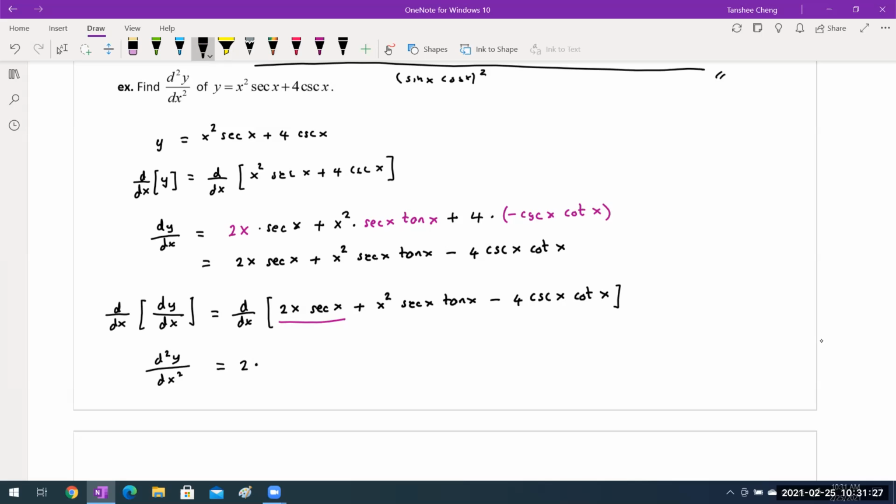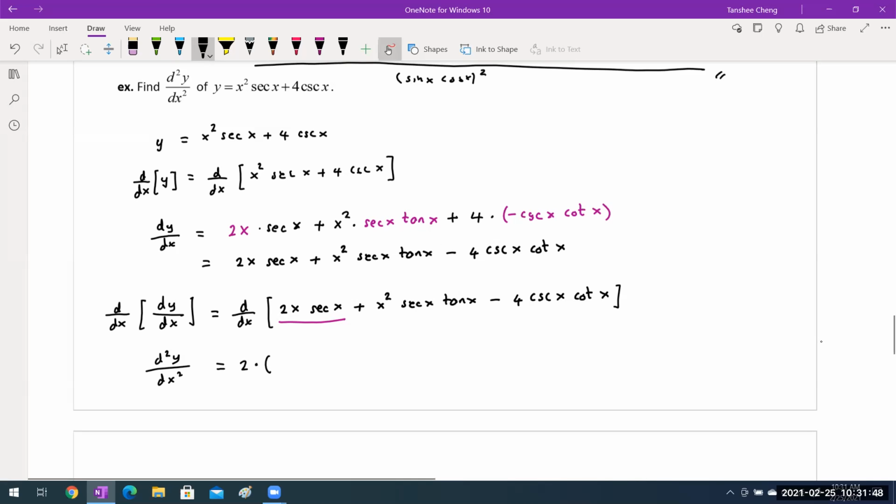The reason why I don't want to take the derivative as a 3-factor product is because if you have a constant times a function, when taking the derivative, you can bring out this constant to the front and then take the derivative of the function only. That would save time, right?